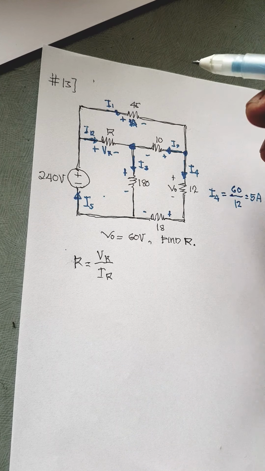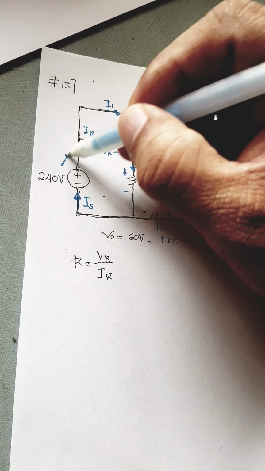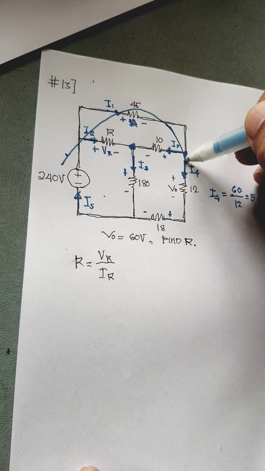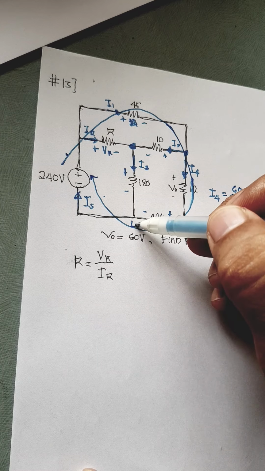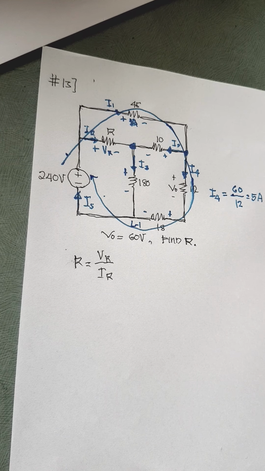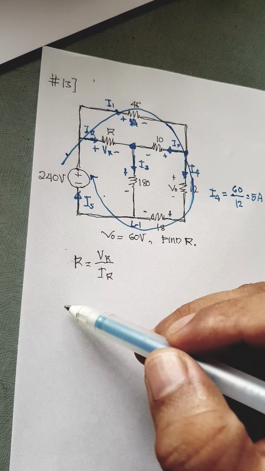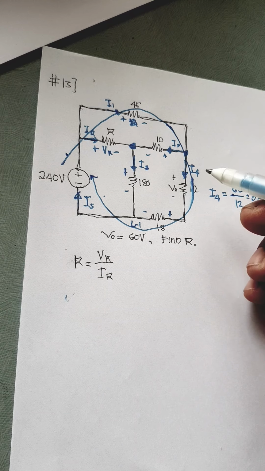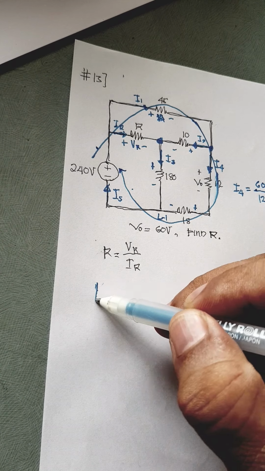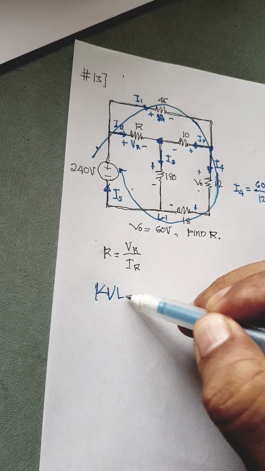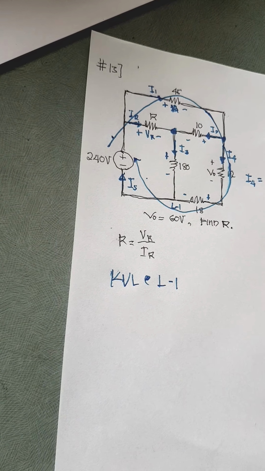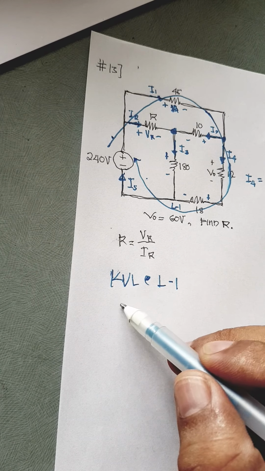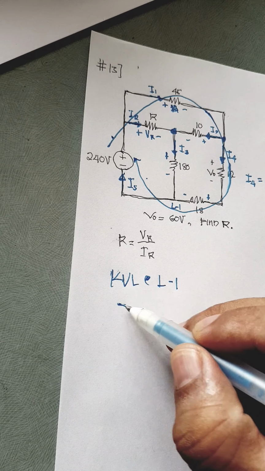Okay, so let us try the outer loop. Let us call that loop 1. So, KVL at loop 1, let us start with the voltage source. So negative 240.